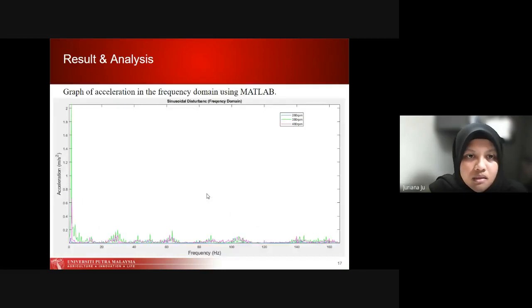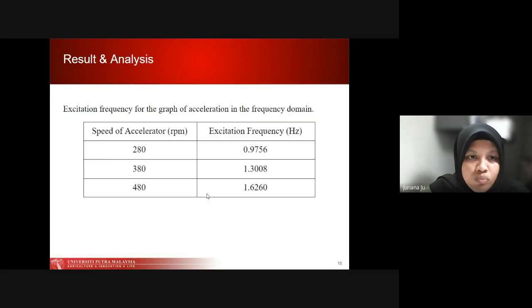Next, this is the acceleration in the frequency domain. Next slide. This is the excitation frequency that we get from the graph on the previous slide.